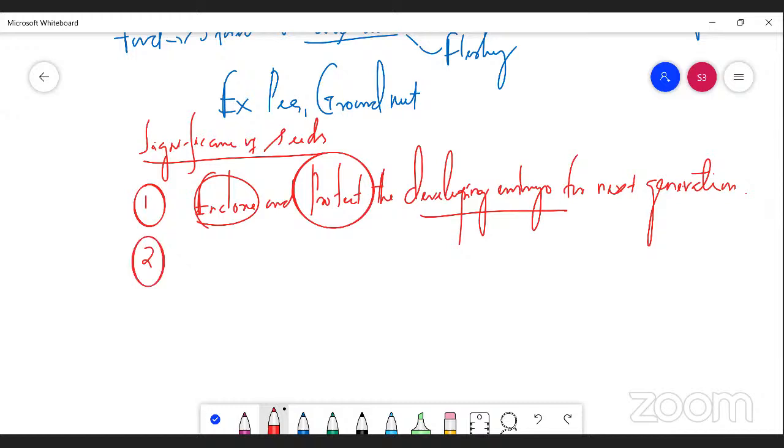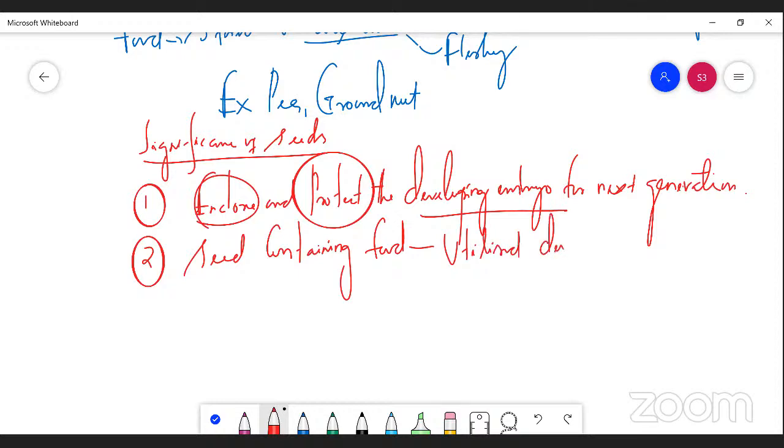Second, the seed contains food, and that food is utilized by the developing embryo. That is the second significance of seed.